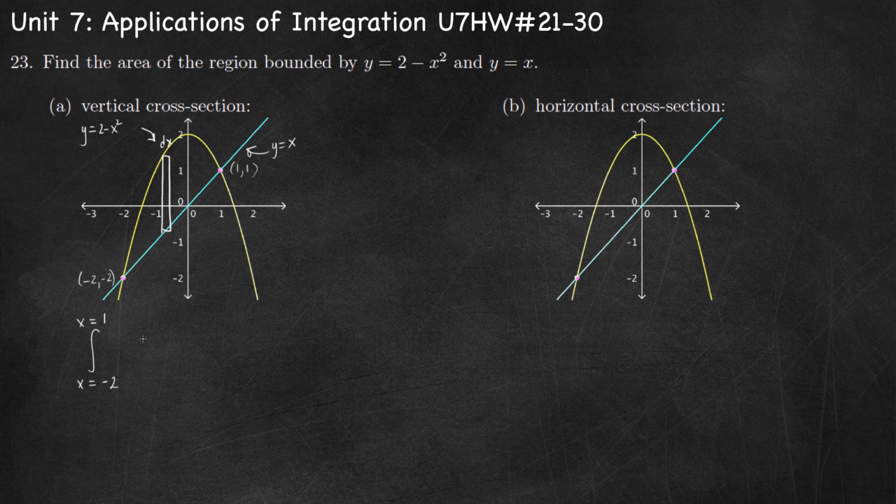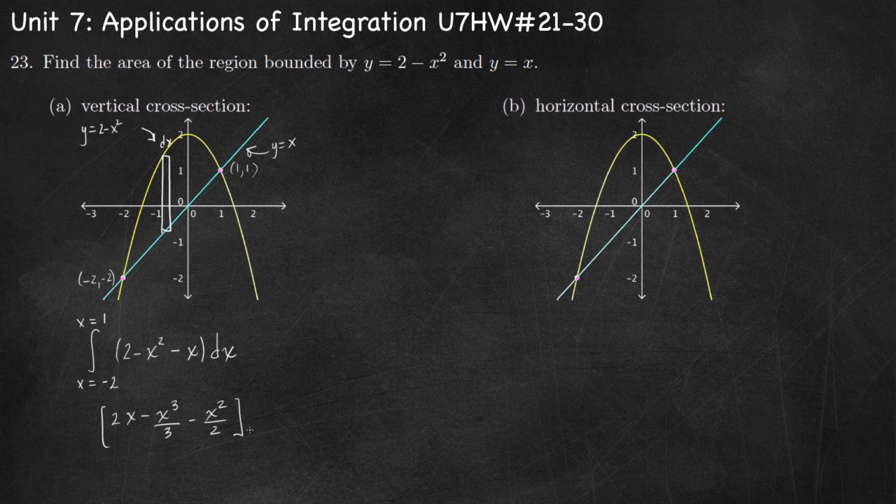And we're going to do top minus bottom. So 2 minus x squared minus the bottom function, which is just x, times dx. So we can integrate this using power rule: 2x minus x cubed over 3 minus x squared over 2.